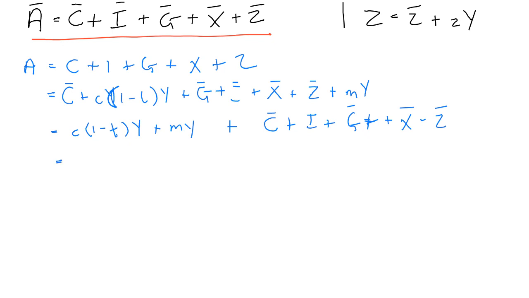So the Y's would then be, in this case, C minus CTY plus MY, which once again, and I'm just going to put autonomous spending plus your autonomous spending.